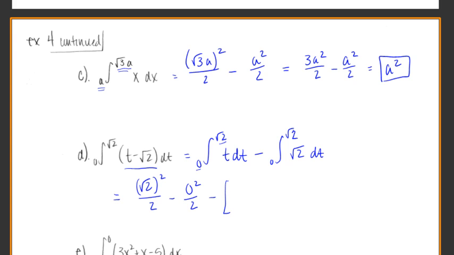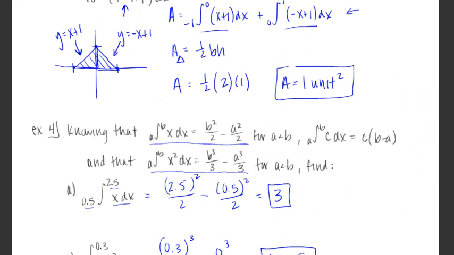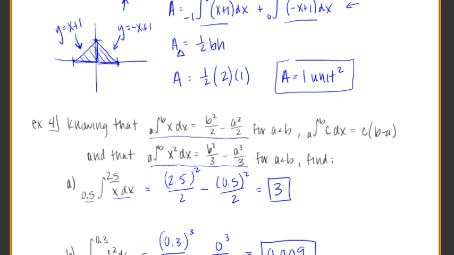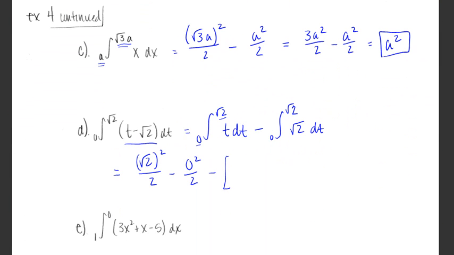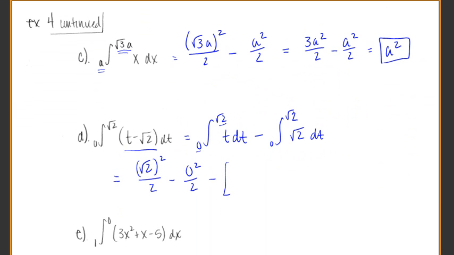Now minus, and let's look at this next part. We're basically taking the integral from 0 to the square root of 2 of a constant. If we go back up here, we're finally looking at the second one that we haven't used yet. Since I'm taking the integral from a to b of a constant c, it's just going to be that constant times b minus a. So it's going to be the square root of 2 times the square root of 2 minus 0.